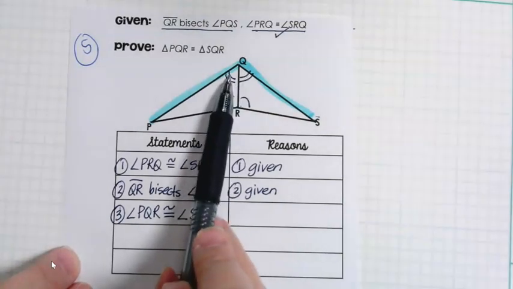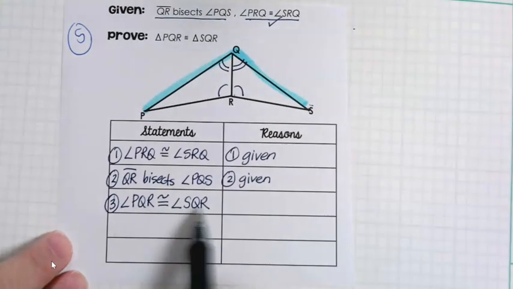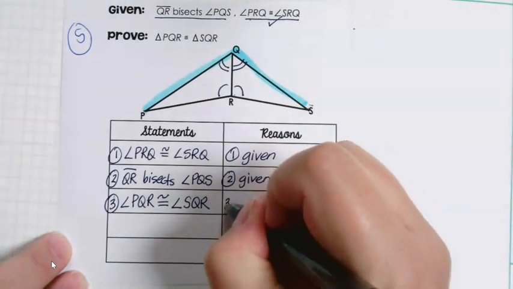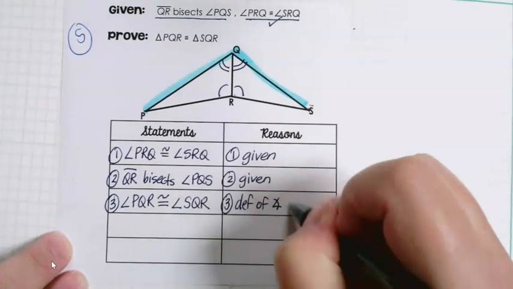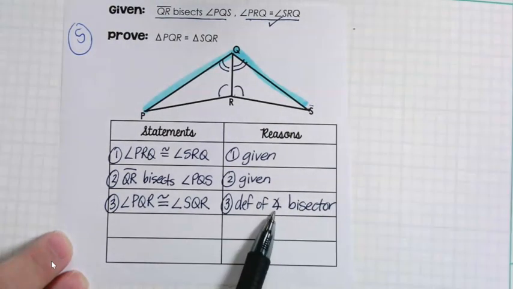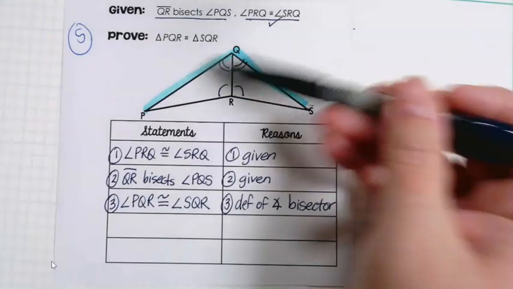Q has to be the middle letter, though, because that's the vertex. So how did I know that? I knew that because you told me that QR was bisecting the big angle. So that's the definition of angle bisector. And I'm using that little symbol to mean angle, just to fit it all in. Definition of angle bisector.